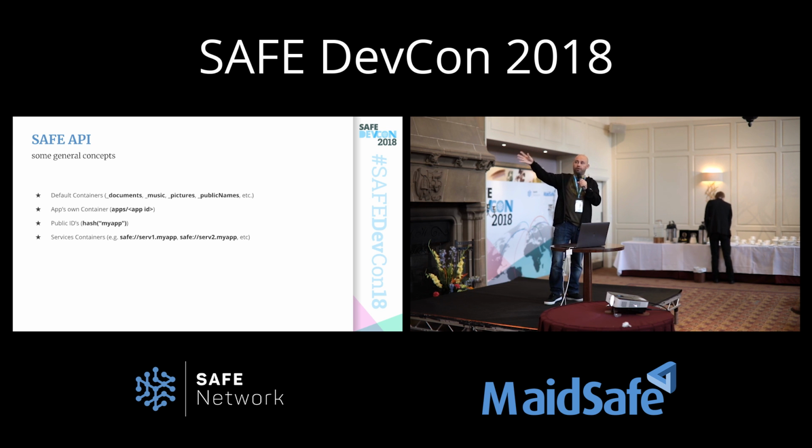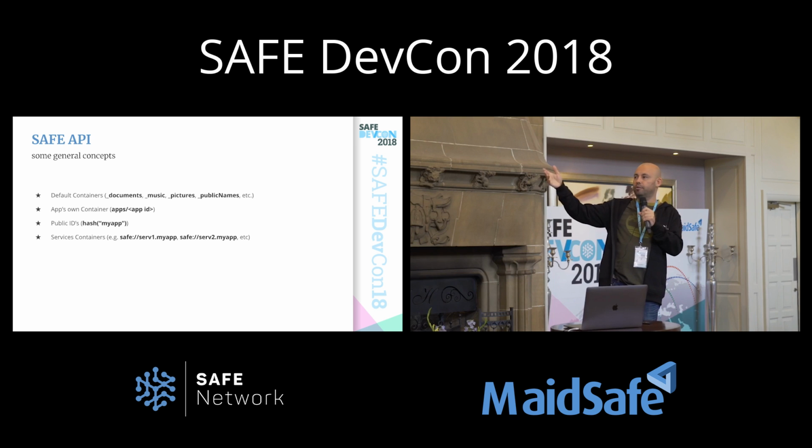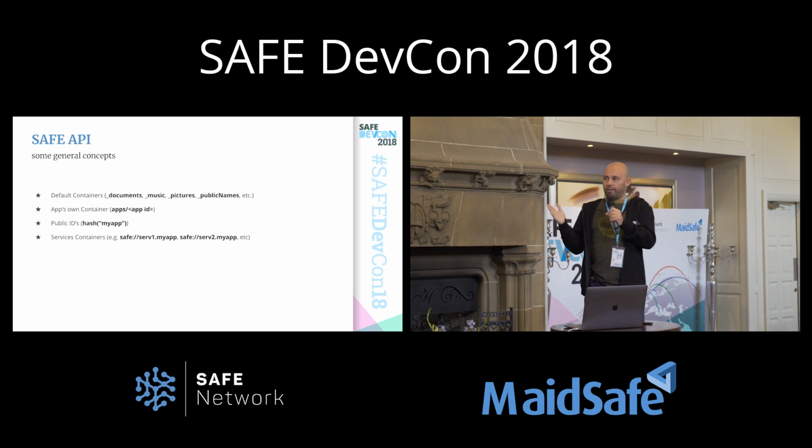So the permissions for all these containers are part of the authorization request the app sends at the beginning. That's what the user really needs to check if it's going to allow the app certain permissions on this type of containers. Then we have the concept of what we call public ID.